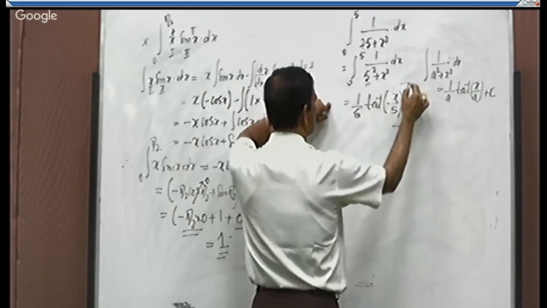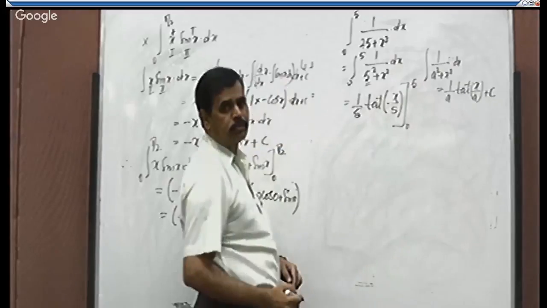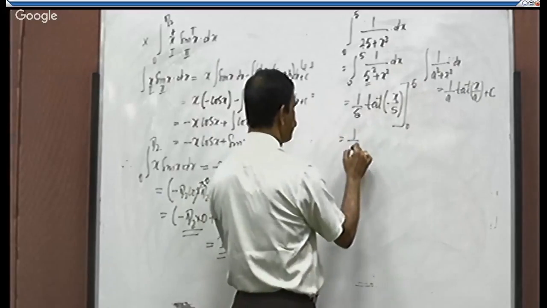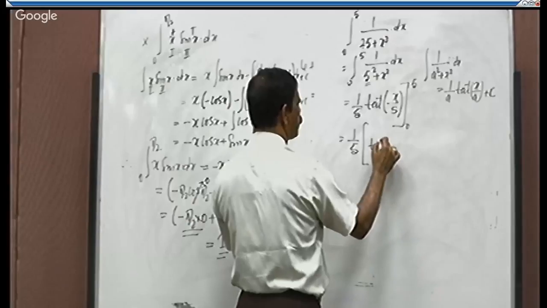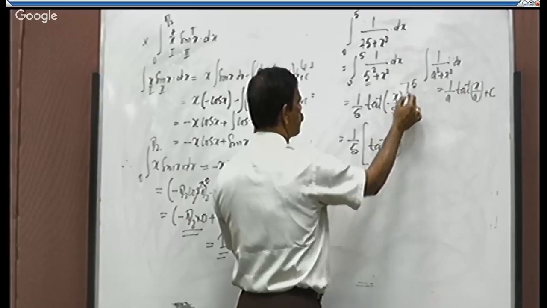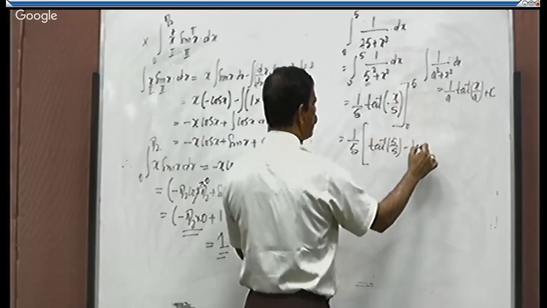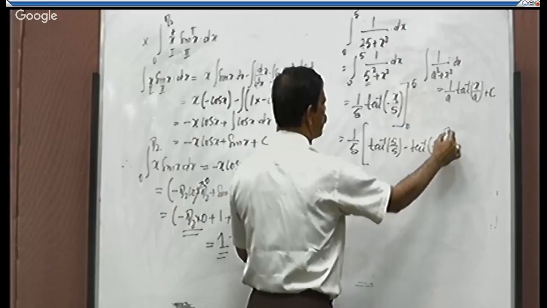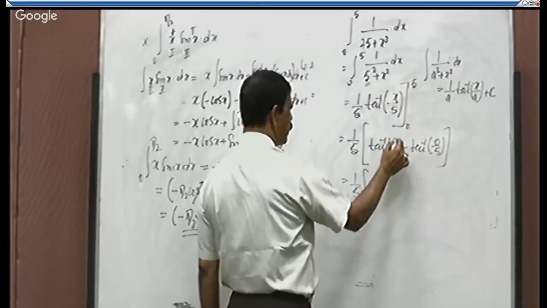Then limit. Limit is what? 0 to 5. Or it is 1 by 5 into. Apply the upper limit. Wherever we have x, we have to write the upper limit. Tan inverse of 5 divided by 5. Correct? 5 is x divided by 5 minus tan inverse of 0 by 5. What is 0? Lower limit. It is 1 divided by 5 into, 5 cancel.